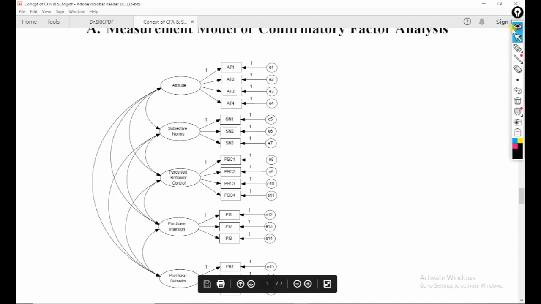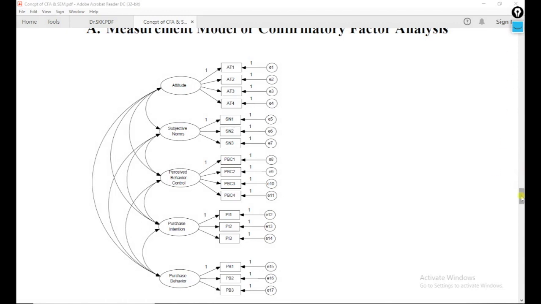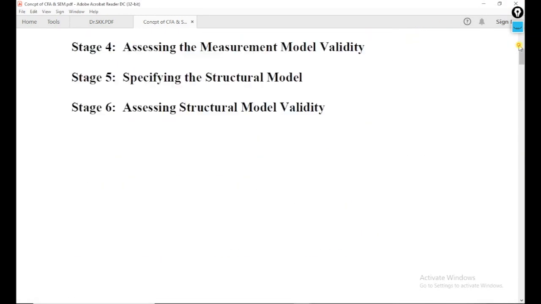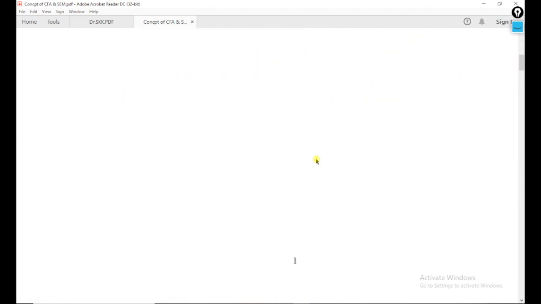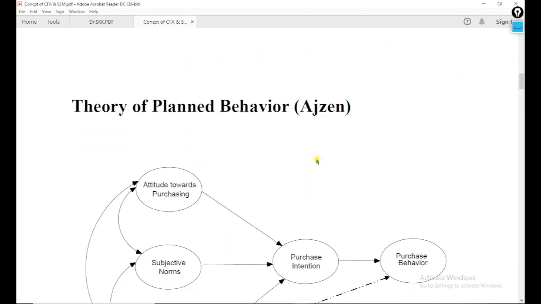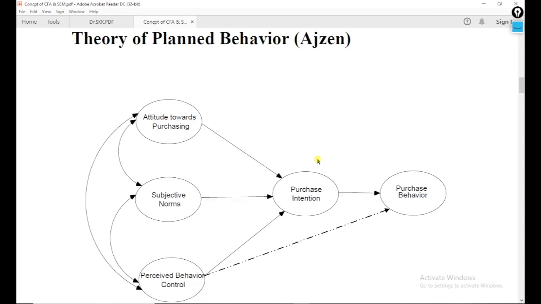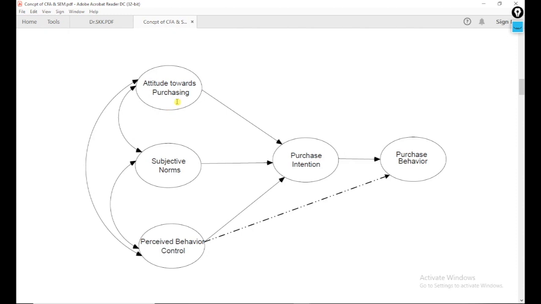So this model is about the theory of planned behavior. This is the actual model. If we want to know the purchase behavior of buyers, we can apply this model, the theory of planned behavior, given by Ajzen, with the 5 constructs: attitude, subjective norms, perceived behavioral control, purchase intention, and purchase behavior.